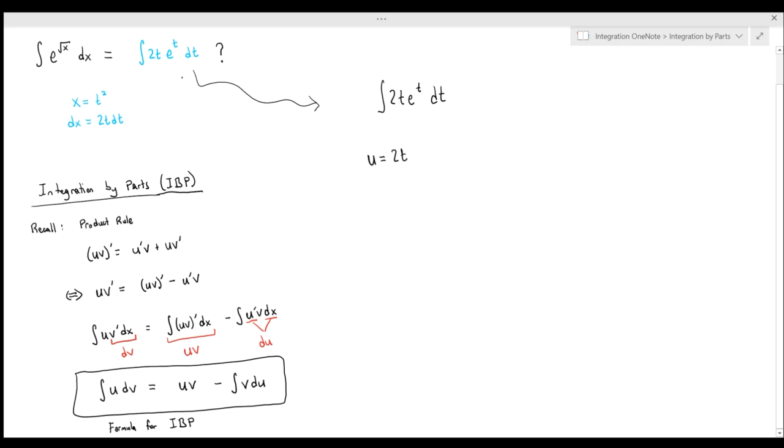All right. So we choose something to be u, and then everything else in the integral is going to be your dv. Remaining in the integral, we have e to the t dt. I'm going to call that dv.